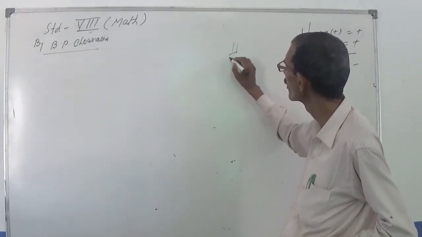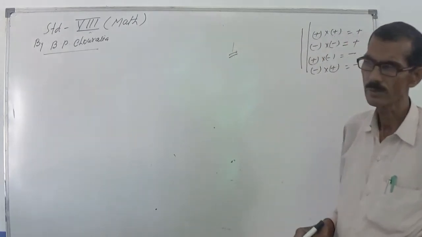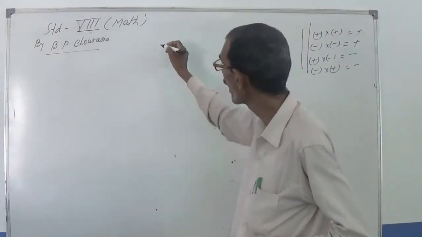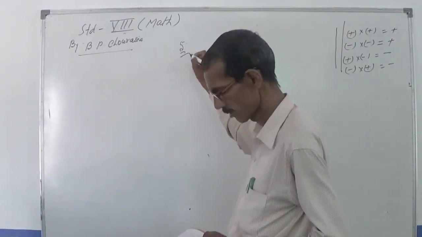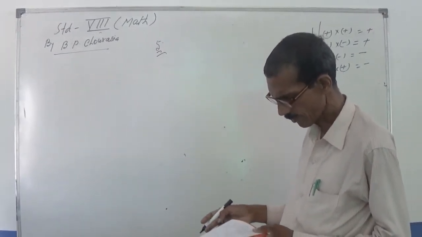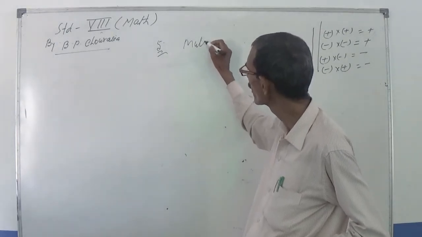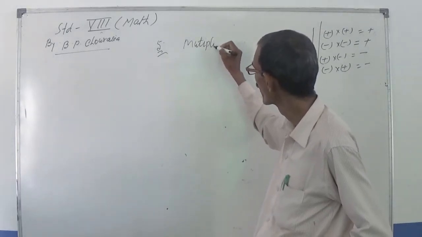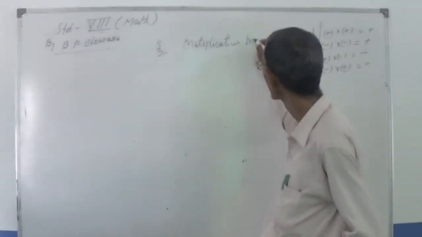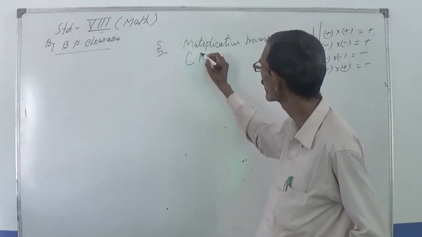That is one. One is the multiplicative identity of rational numbers. So here, question number 5. Find the multiplicative inverse, or this is also called the reciprocal.